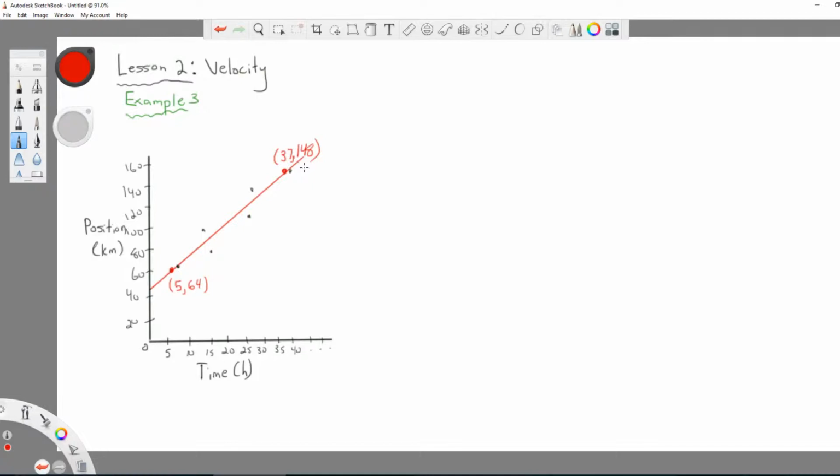We need 2 points to find the slope of a line. The formula that we're going to use to find slope, you've probably seen before. Slope of a line is equal to rise over run. But if we're using point values, it's going to be equal to y2 minus y1 over x2 minus x1.